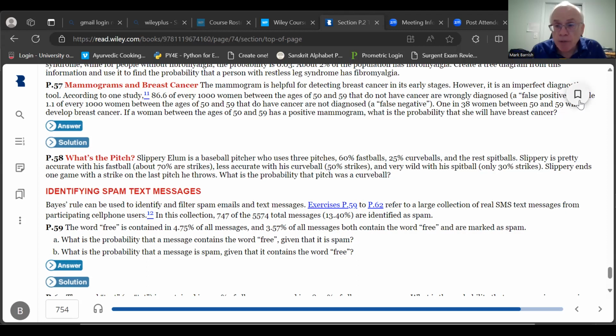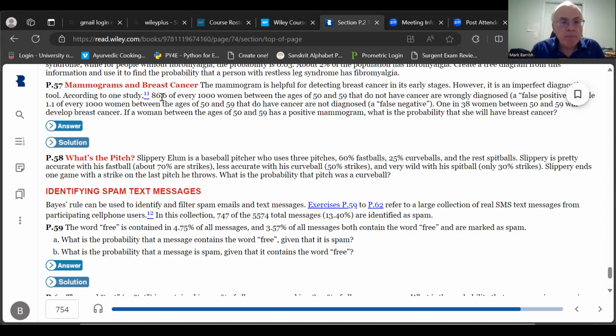So that's the false positive information. Every 1.1 out of 1,000 women between the ages of 50 and 59 who do have cancer are not diagnosed. That's a false negative. 1 in 38 women between 50 and 59 actually have breast cancer. If a woman between the ages of 50 and 59 has a positive mammogram, what's the probability that she has breast cancer? All right, so this is the information that's given.